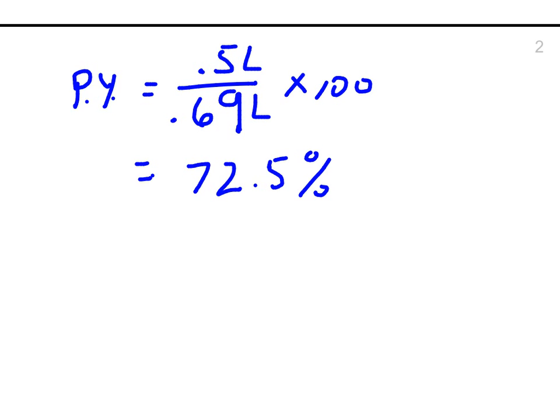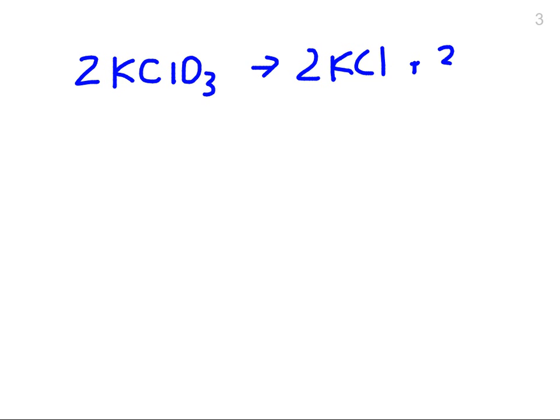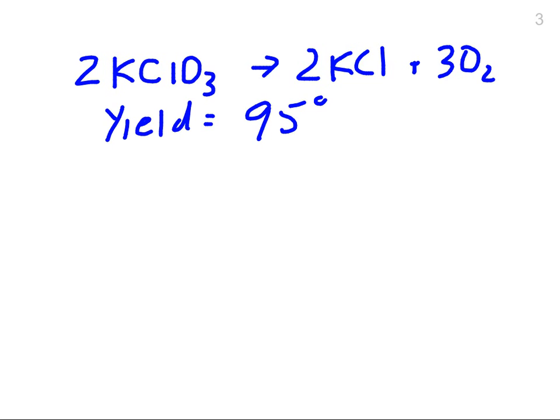Well, I want to do a little bit trickier problem that you're going to get, and it's going to look something like this. Let's say, here's a reaction. I have 2 moles of potassium chlorate, and it's going to decompose into 2 potassium chlorides and 3 oxygens. And you're given the fact that the yield, when you did this experiment, was 95%.